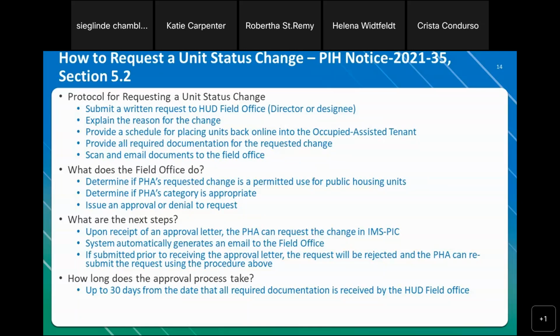What does the field office do? Well, they will review your request, and they will determine if this particular change is actually permitted. And again, a lot is already summarized for you in table 1.0 of this PIH notice, and that's essentially what the HUD staff will do.